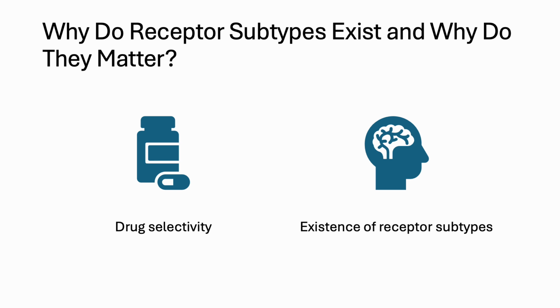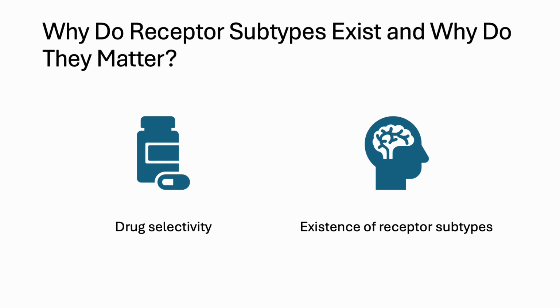And although the receptor subtypes are of uncertain physiologic relevance from the viewpoint of therapeutics, it is still a valuable concept. The presence of receptor subtypes makes possible a dramatic increase in drug selectivity.